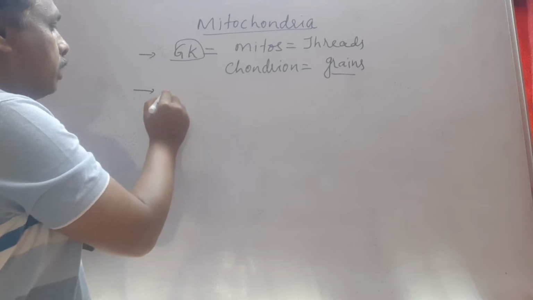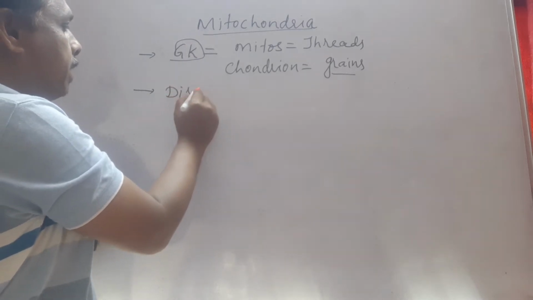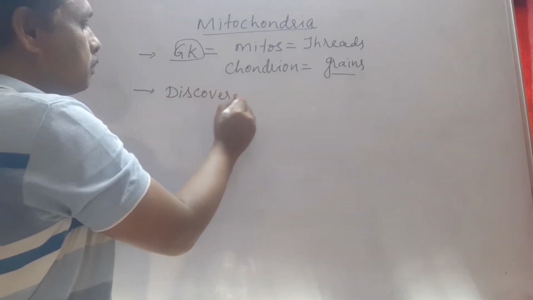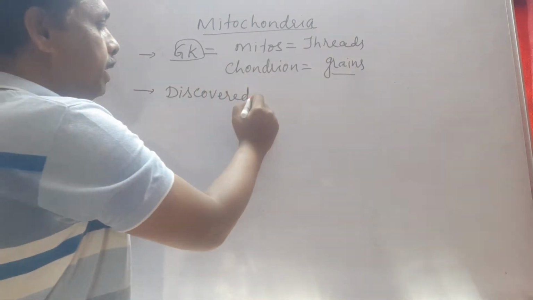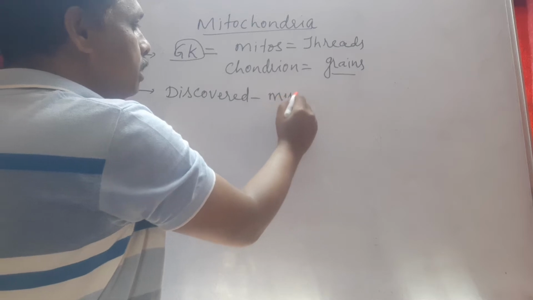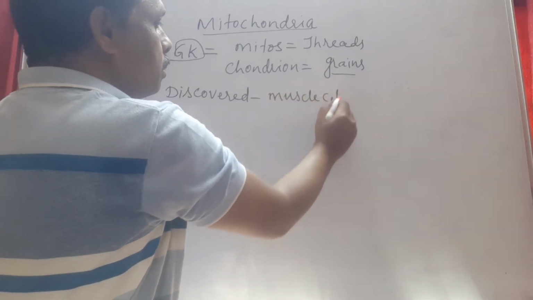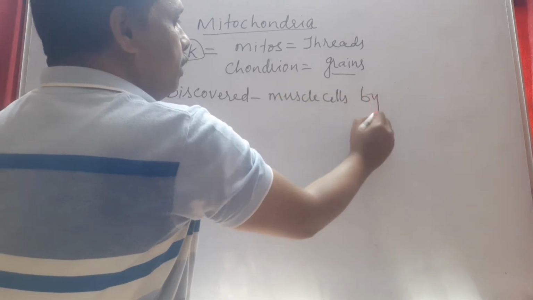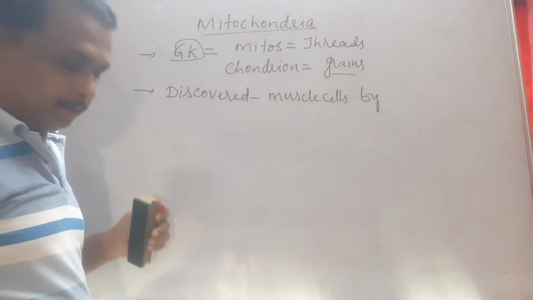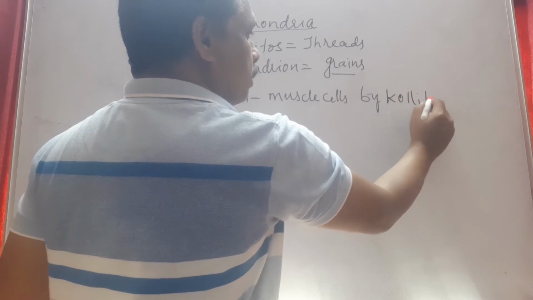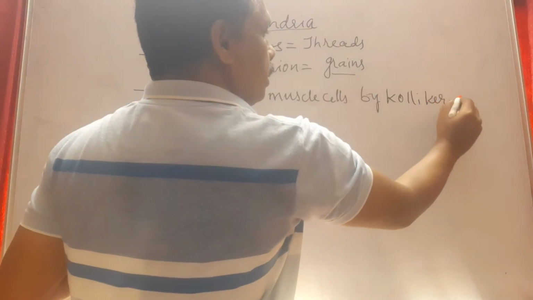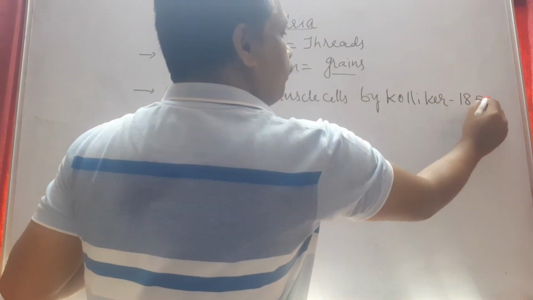Mitochondria were discovered in muscle cells by Kolliker in the year 1850.